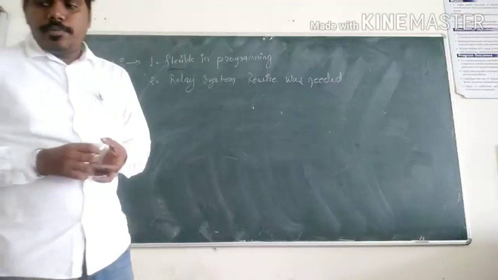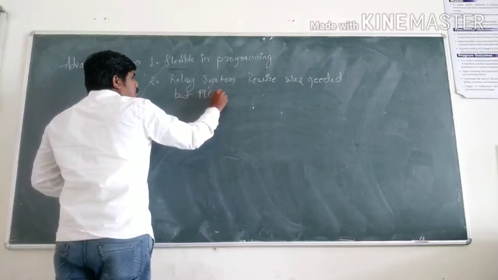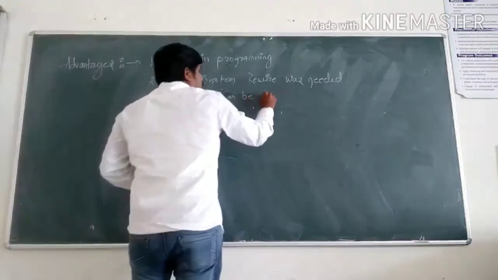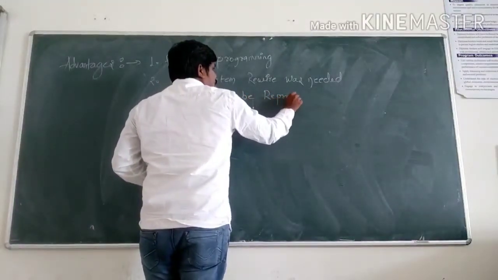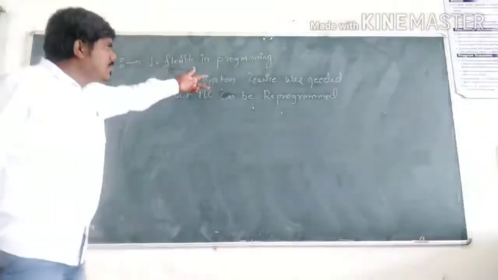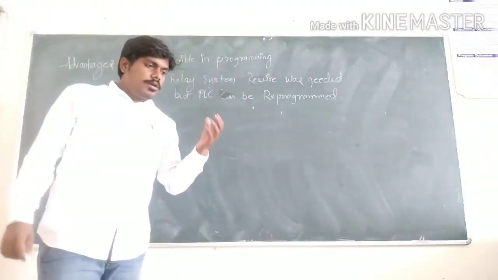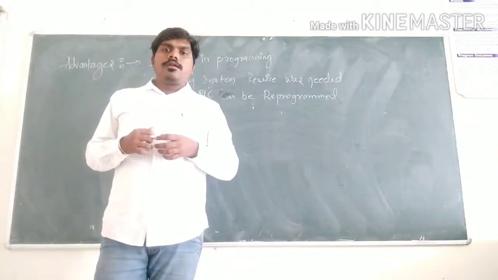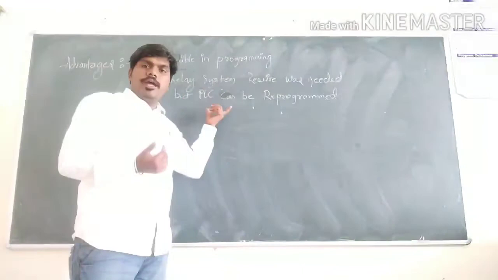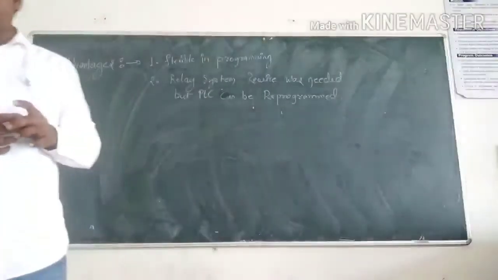But a PLC can be reprogrammed. So in this part I have compared these two: the relay system is the old system in which a huge, complex wire connection was there, but in a PLC you can reprogram for any kind of change. So this is also a point.